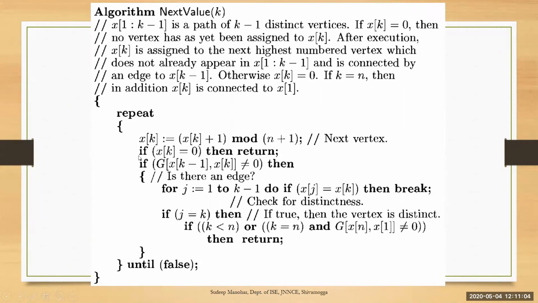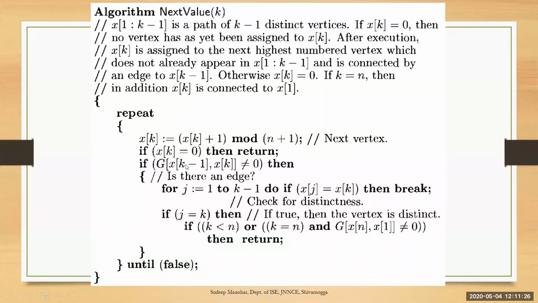Okay. Next, if x of k is 0, that means what? If x of k is 0, there is no solution. Then you have to return. If x of k is not 0, if it is a positive integer, then what you are supposed to do is check whether there is an edge from x of k minus 1 to x of k.